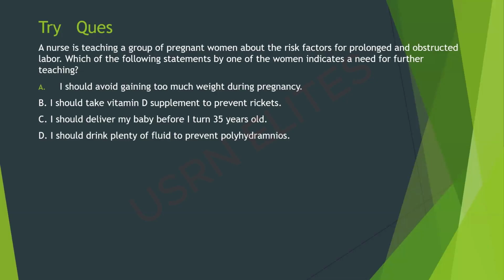So when the mother tells you, I should avoid gaining weight, it's not going to help with easy delivery. It's a risk factor. I should take vitamin D supplement to prevent rickets. I will know rickets. I should deliver my baby before I turn 30. Prolonged labor, is age a factor? I should drink plenty of fluid to prevent polyhydramnios. Which one? Quickly, let's move.